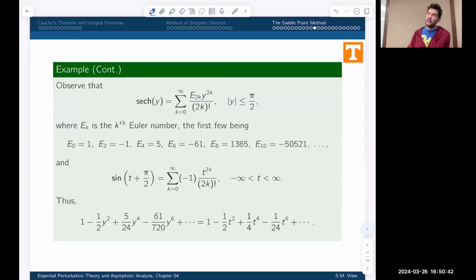So hyperbolic, let's see. So this one, let's think about this for a second. So what is the hyperbolic cosine look like? It's a cup, right? Right. And so what's the reciprocal? What's the reciprocal look like? Should be something like this, right?